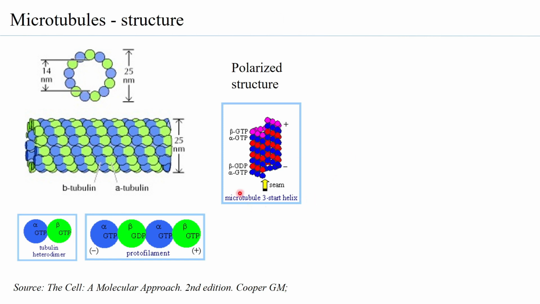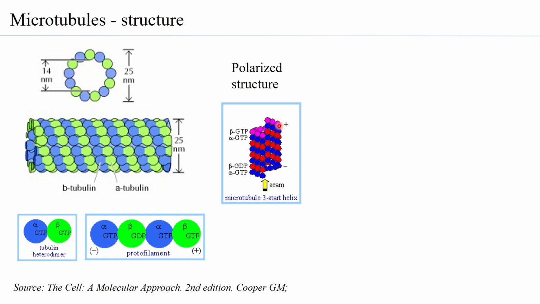In comparison, at the minus end, it will be much less. That means you may have heterodimers coming and binding over here, but the rate at which they bind at the minus end is much, much less. And so this has been termed the minus end because the growth is slow at this end, and this end is called the plus end because the growth is more at this end.